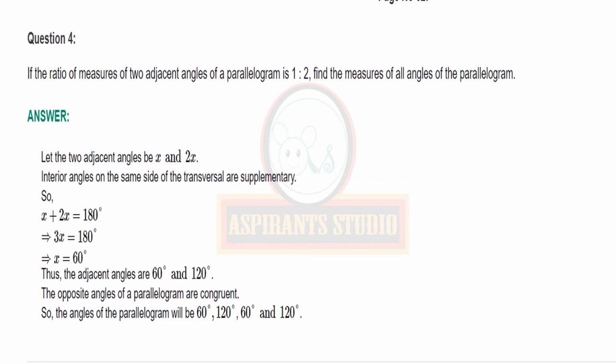So, the angles of the parallelogram will be 60 degrees, 120 degrees, 60 degrees and 120 degrees. There are 4 angles, so we will get 4 measures. So, answer, the measures of all angles of the parallelogram will be 60 degrees, 120 degrees, 60 degrees and 120 degrees respectively.